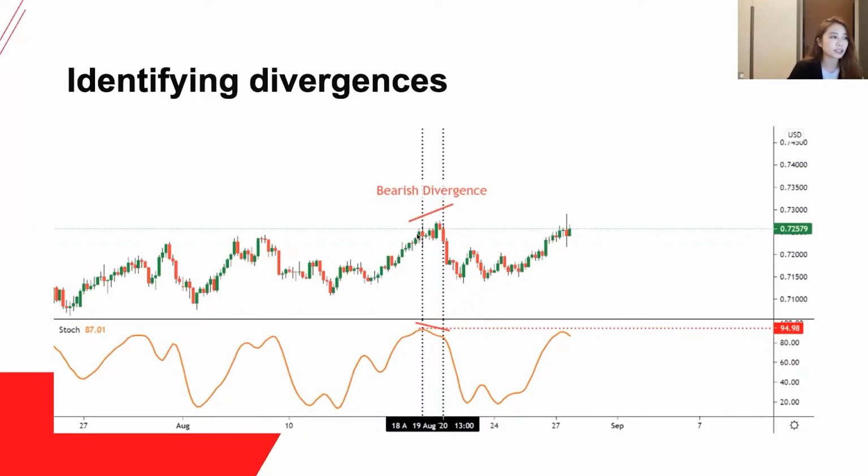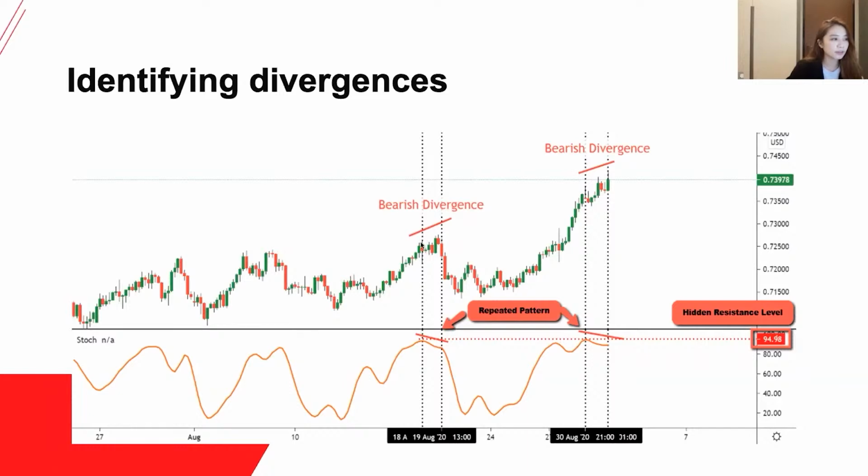Price actually closed higher than before. However, in stochastics, they can capture a lower momentum, which is really odd, right? Since the price actually did close higher than before, which is an indication of a divergence, which in this case we call a bearish divergence.